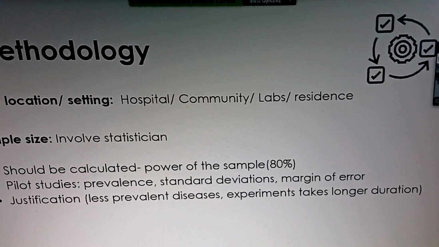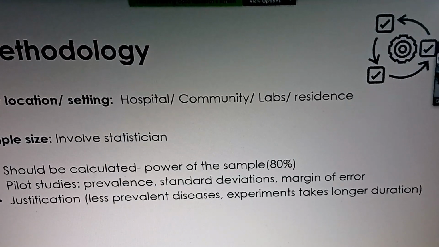Otherwise, the three key aspects in sample size calculation are the prevalence of a particular disease, standard deviation, and the margin of error. With that, you can decide how the effect size is, whether you want to include more subjects or fewer subjects. So that can be decided.